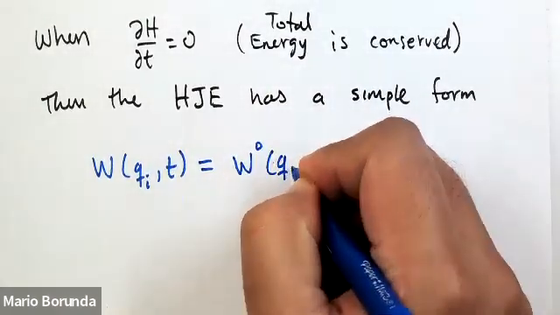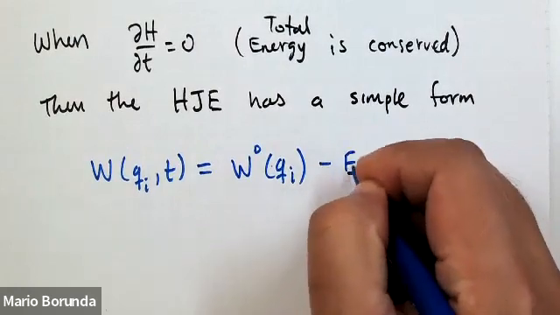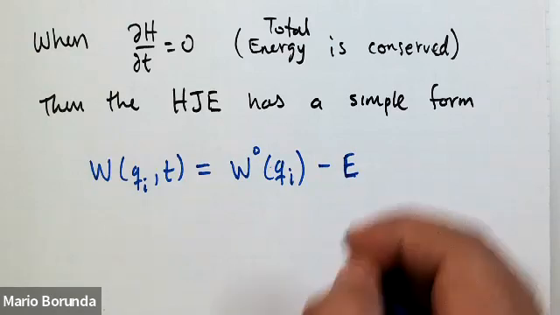We have this solution that doesn't depend on time minus the total energy, right? Because your Hamiltonian H becomes just a quantity that is conserved, the total energy, times time.